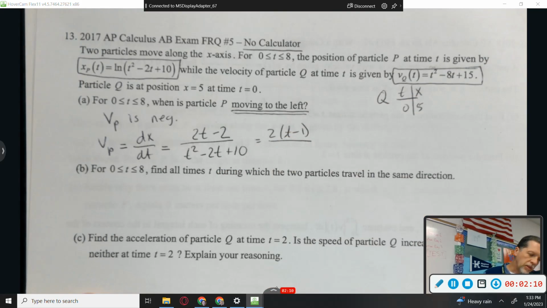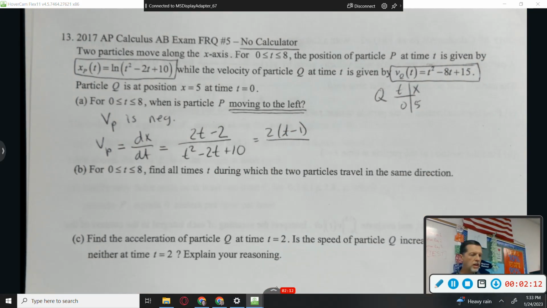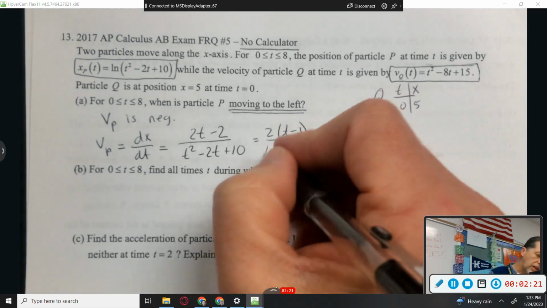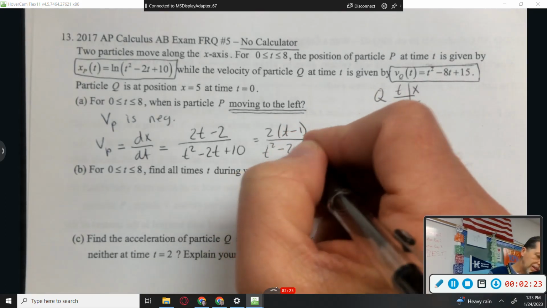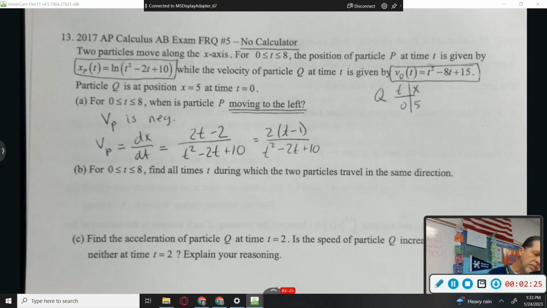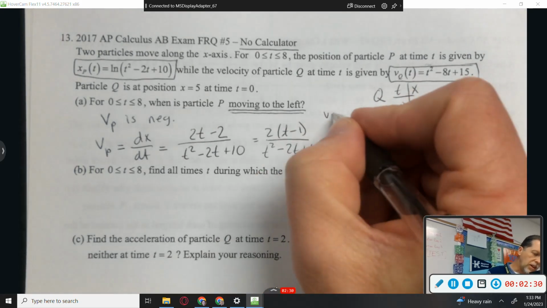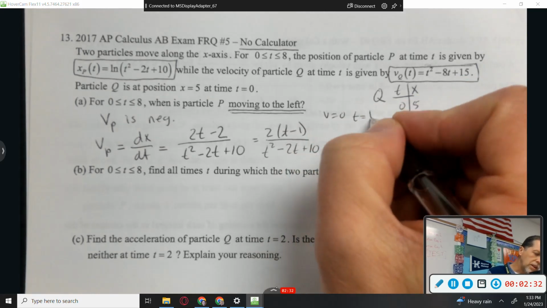So something's going on at t equals 1. The bottom, 5 times 2, 10 times 1, bottom won't factor, so kind of stuck with that one. Okay, well, v equals 0 at t equals 1.